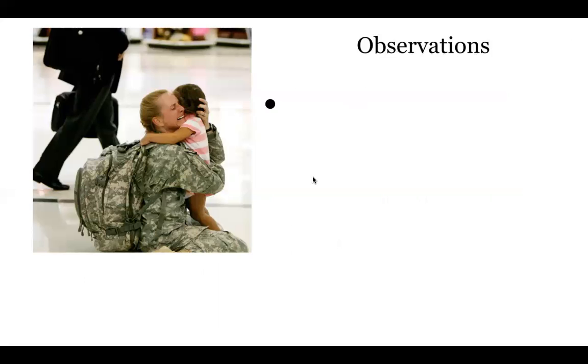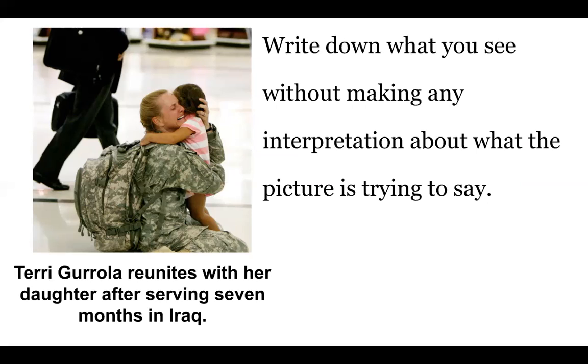Okay, let's go down. Now, I'm going to ask you to come up with some observations, and we'll talk about that in class, and then I'll put that down there. Write down what you see without making any interpretation about what the picture is trying to say.